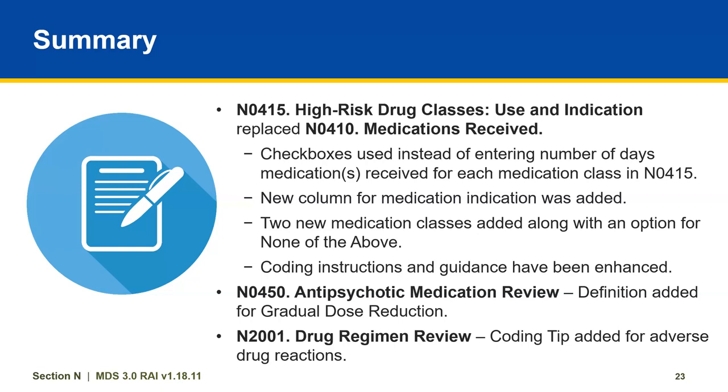Coding instructions and guidance have been enhanced. And for data element N0450, there is a new definition for gradual dose reduction. For N2001, there are new coding tips for adverse drug reactions.